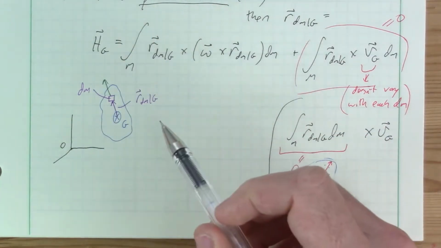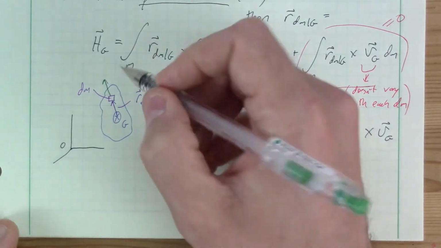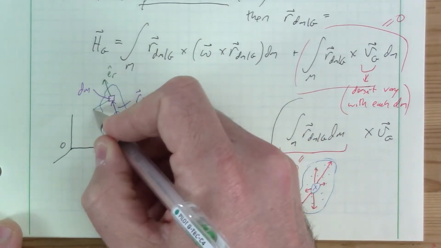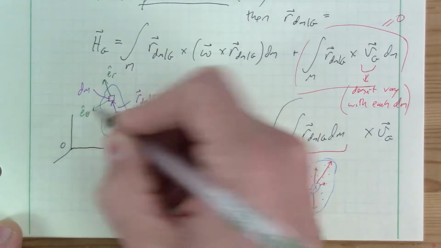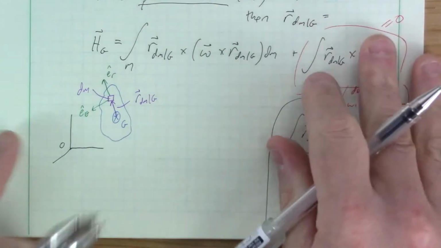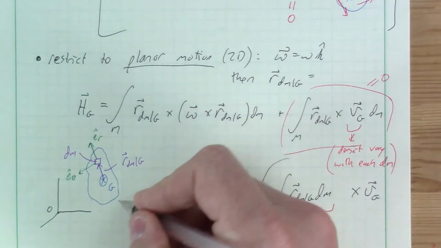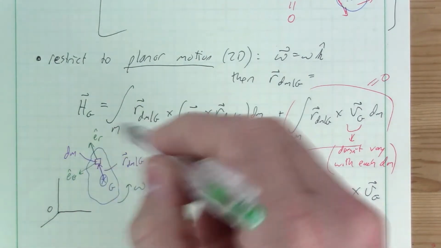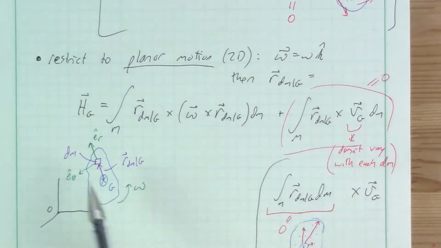They're the same. Let's just call this the radial component. That's always in the radial direction if we choose to analyze it as polar. And by this definition here, the rotation must be in that k direction. If we're imposing planar motion, it's rotating this way. And so we can do this.